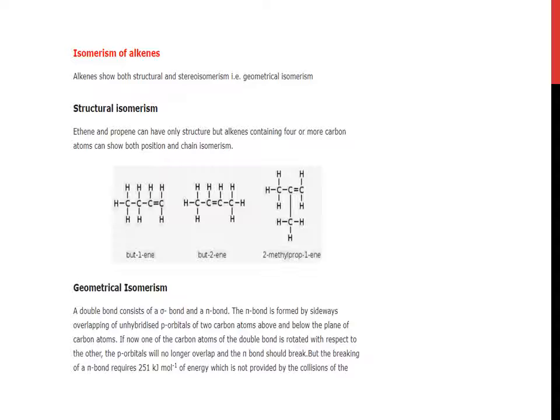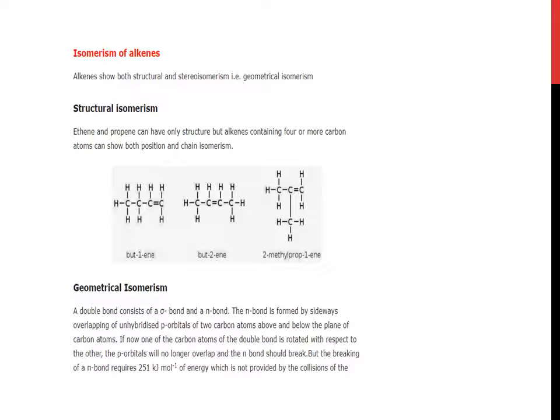Now, geometrical isomerism. A double bond consists of a sigma bond and a pi bond. The pi bond is formed by sideways overlapping of unhybridized p orbitals of two carbon atoms above and below the plane of carbon atoms.